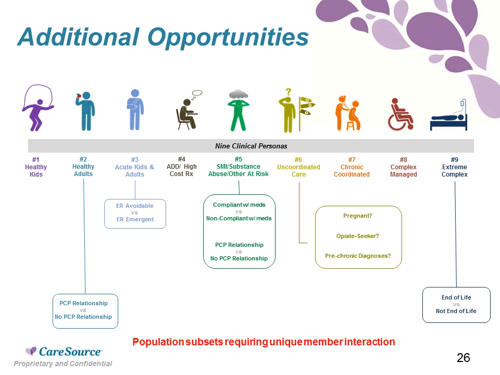We want to try to get them the care that they need to try to get the opiate issue under control. And the last example is in extreme complex, persona 9. There we need to start looking at end of life kinds of things.